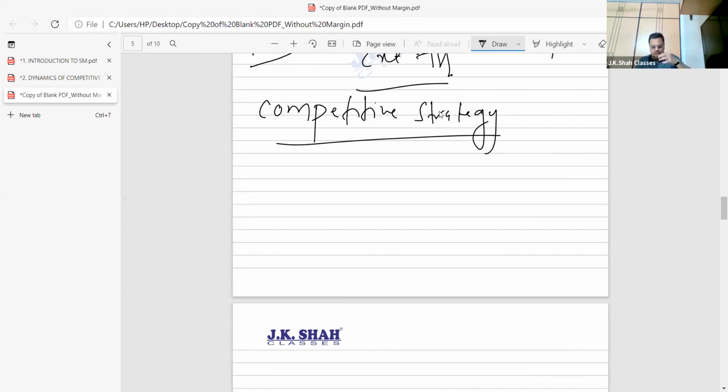See, first thing in this chapter, what we are going to study is this. A businessman in my country used to first have monopoly. Right? He had monopoly, Bajaj scooter, Godrej refrigerators.